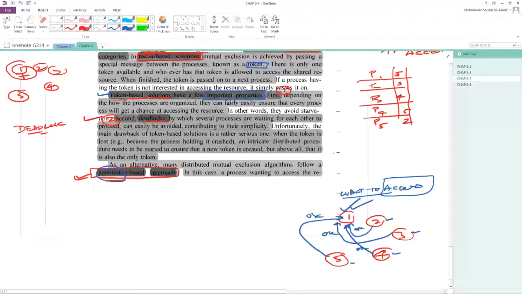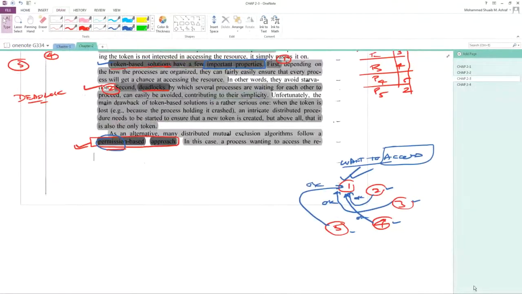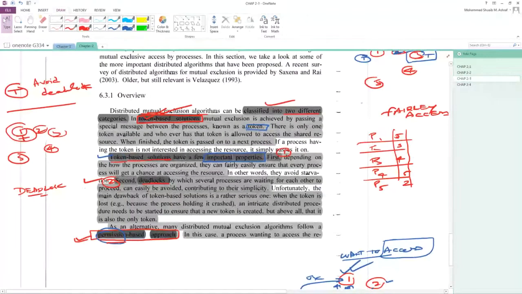Okay, Muhammad. So this is known as permission based. Maybe from here a half-mark or one-mark question in the exam: what are the important properties? Question number 2: explain permission based, explain token based in definition.